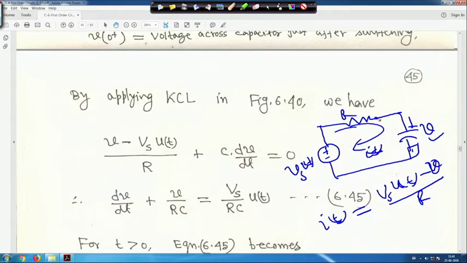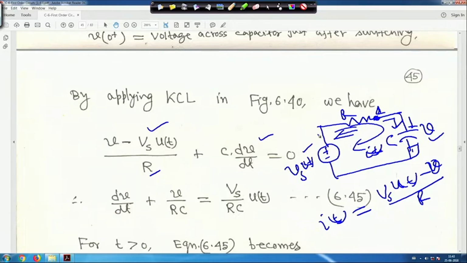Now, if you take any point here, say this point is A, one current is going like this and one current I_C is going like this. So, at this point if you apply KCL, then as the direction is changed, it will be (V minus Vs u(t)) divided by R plus C, this capacitor C, into dV by dt is equal to 0, right.